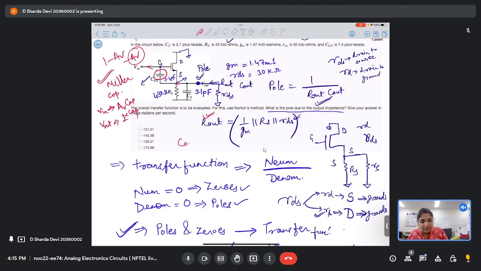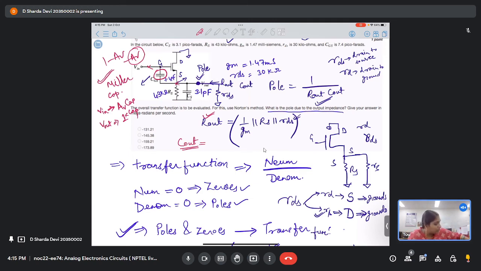Now the next thing that we are left with is to find out C out. So what will be the value of C out? I want the resultant capacitance at your output node.